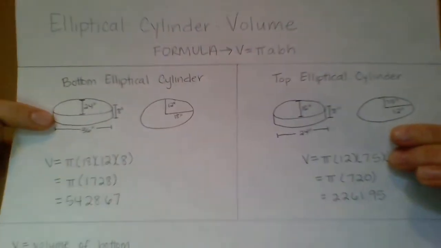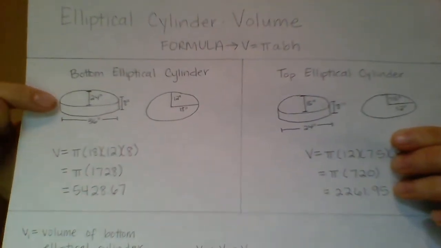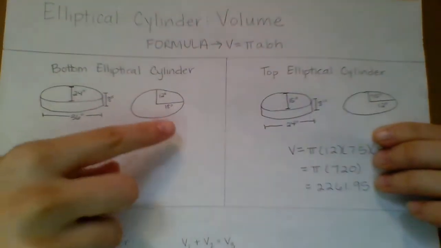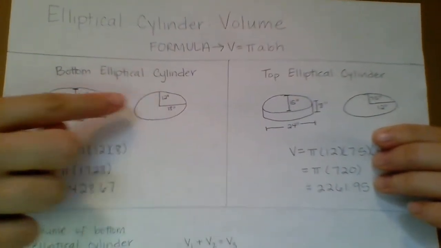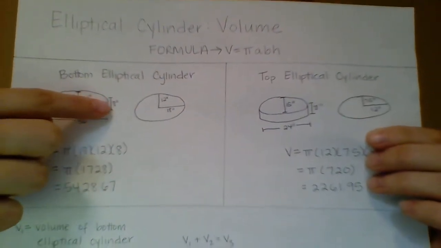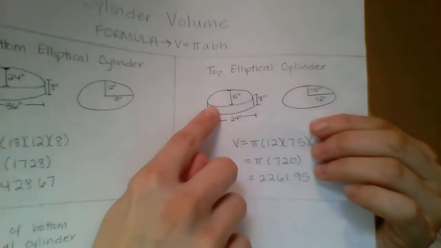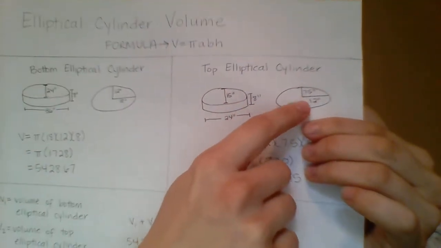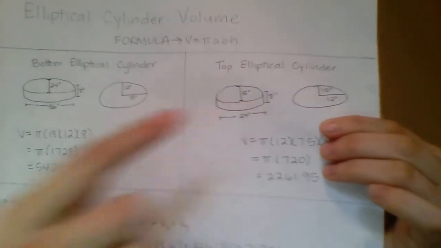So we're going to see some similar drawings here, the original dimensions, and then I have over here the radius, my A, B, and H for my bottom elliptical cylinder. Over here I have the top elliptical cylinder, and once again I have my A, my B, and my H.